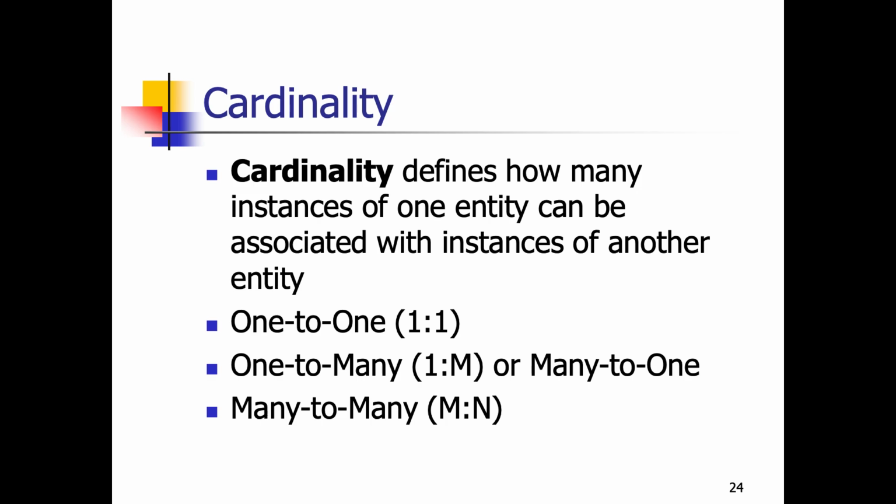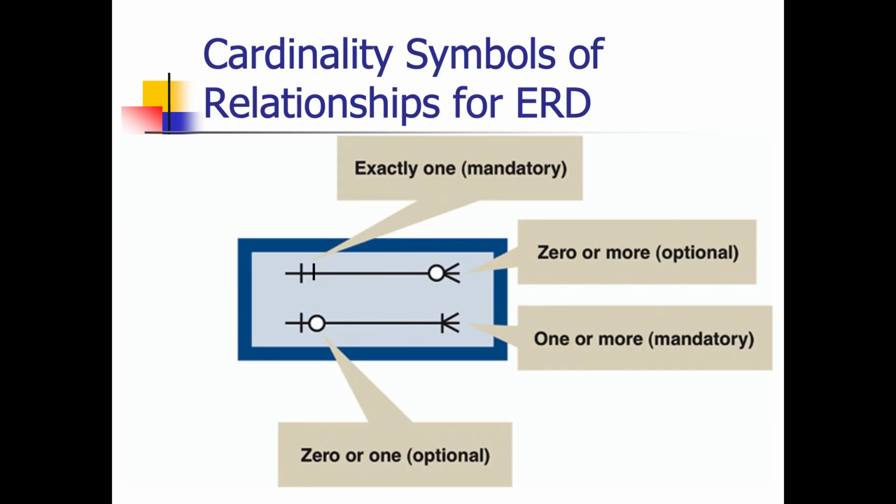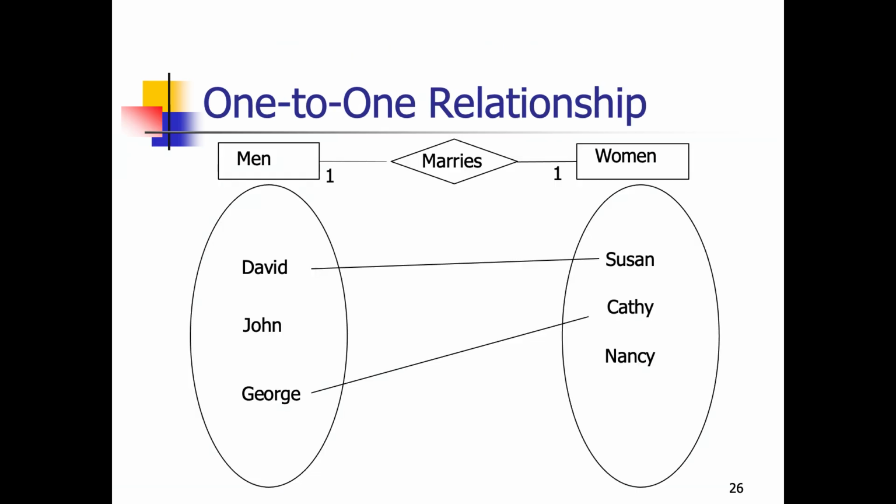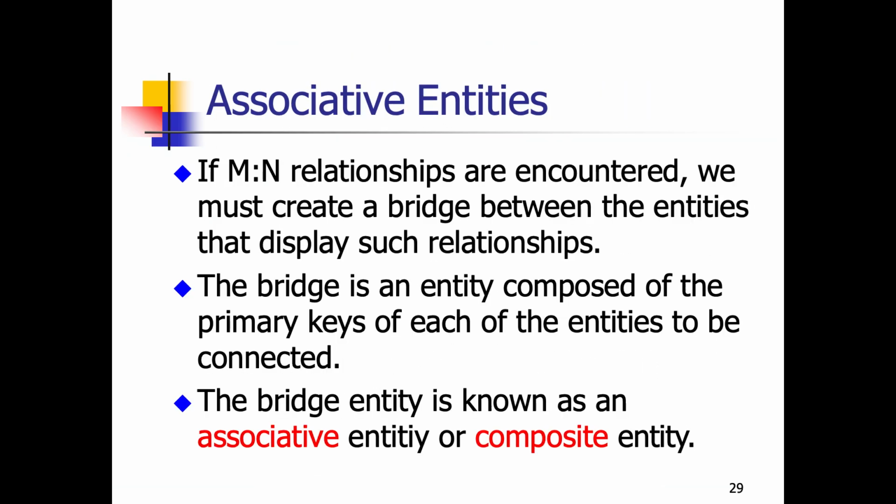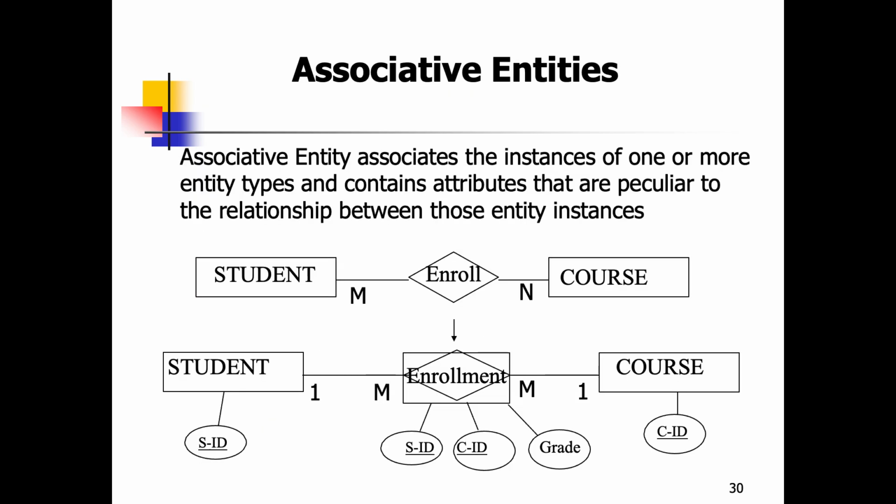For example, if you say a professor can teach no courses or can teach up to 5 courses, then that specific number is the cardinality. And then here there are just the symbols that you're using, some examples for different relationships. Associative entity we explained a lot. And the course enrollment, which I just explained.